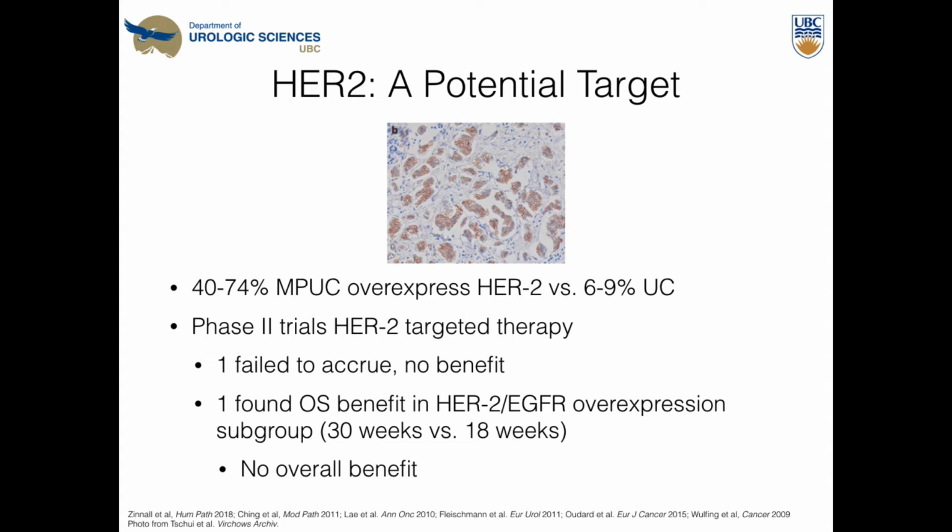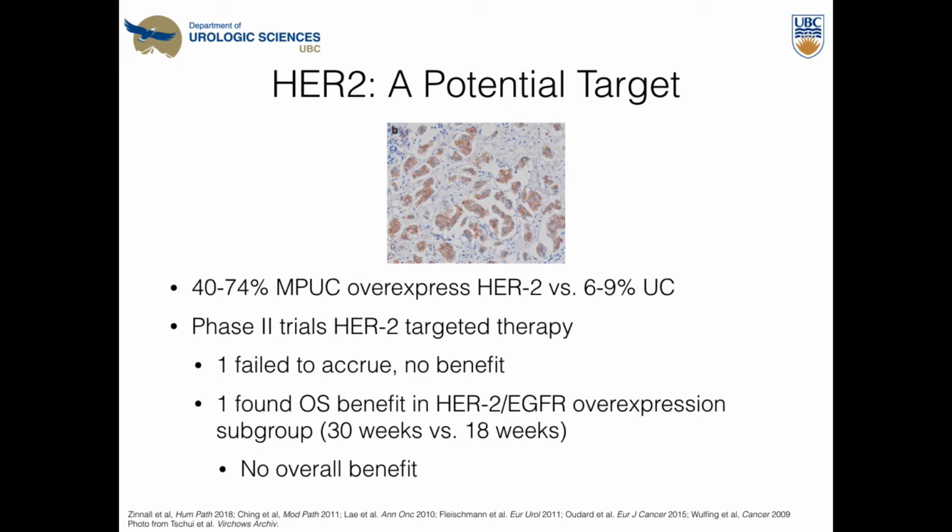So there have actually been a couple phase 2 trials with HER2 targeting agents in patients with micropapillary disease. The first one used trastuzumab or Herceptin in metastatic micropapillary bladder patients. Unfortunately, they failed to accrue, so their results were non-significant.